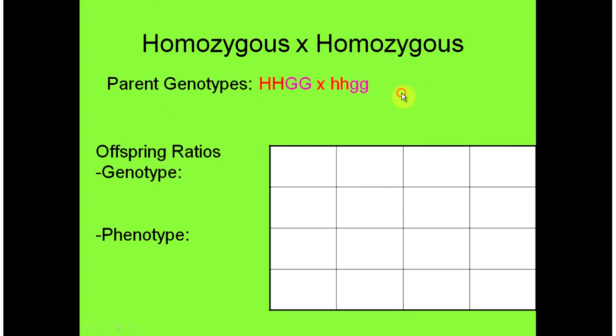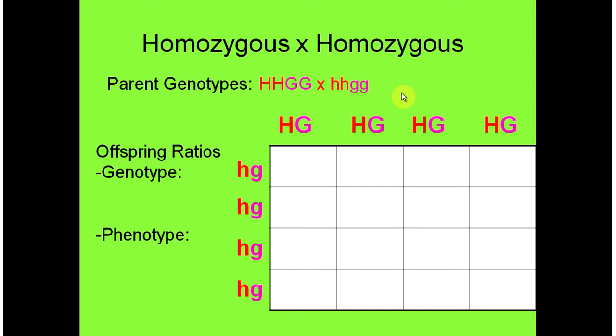So let's put parent 1's gametes along the top and parent 2's gametes along the left-hand side. And when we fill in our Punnett square, for this particular cross, I'm always going to put my H's first and my G's second, and I'm always going to put any capital letter before a lowercase letter.